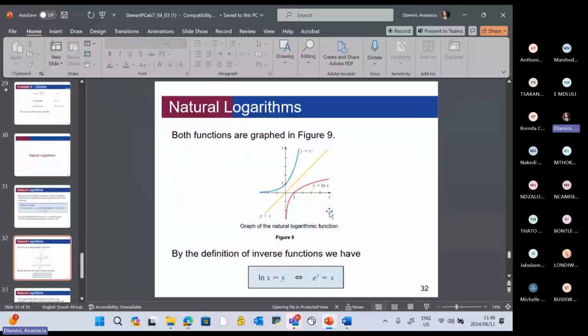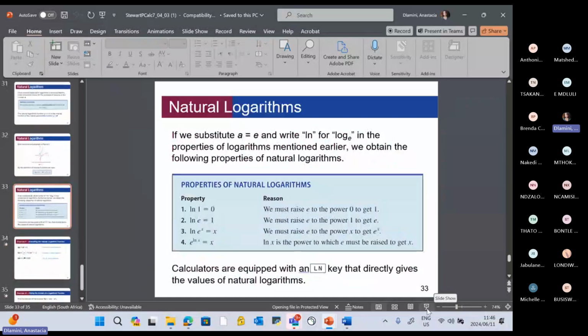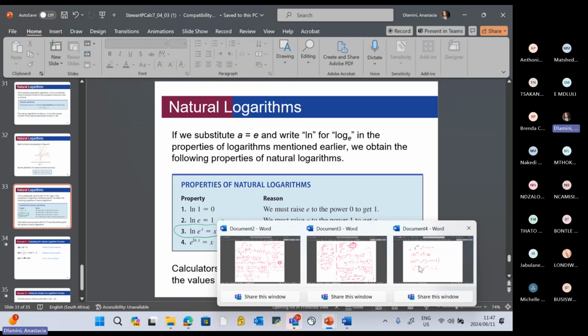There we go. Do you see here, guys, where it says number 3, ln of e to the power of x is equal to x? So that's what we're going to use.